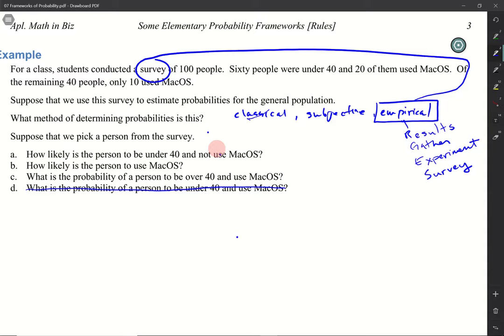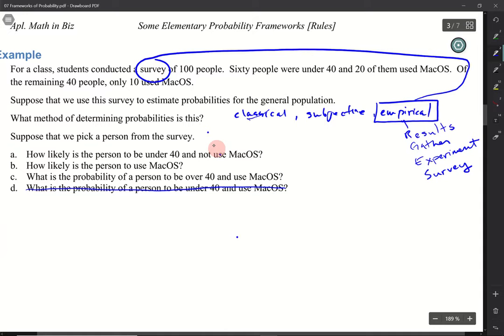So there's a lot of numbers flying around, right? 100 people, 40, 60, 20, the remaining 10. There's all of these numbers floating around. When there are a lot of numbers floating around, what do you have to do? You should organize them, right?